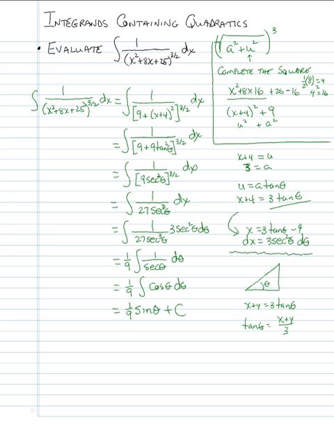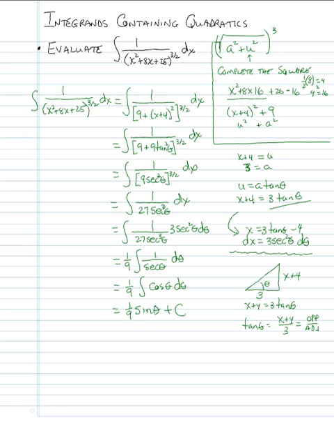Well, now tangent is calculated by saying opposite over hypotenuse. So the x plus 4 will represent the opposite side from theta, and the 3, what did I say? I said that incorrectly. Remember, the tangent of theta is opposite over adjacent. I think I said over hypotenuse. My bad.